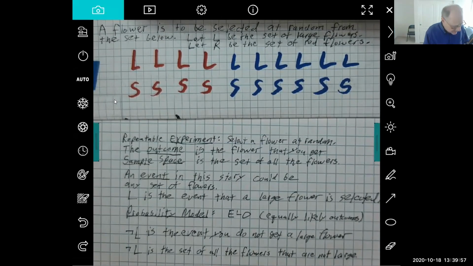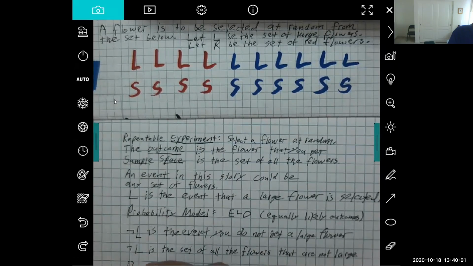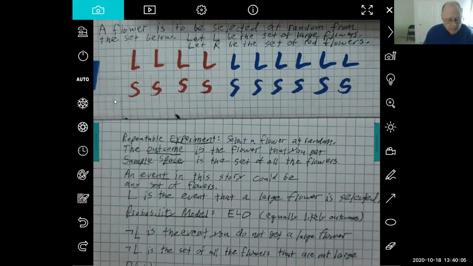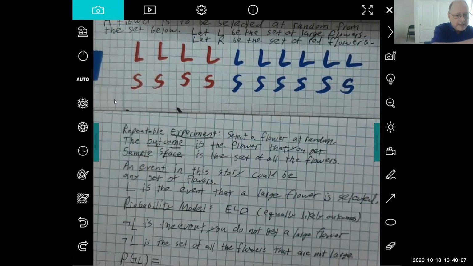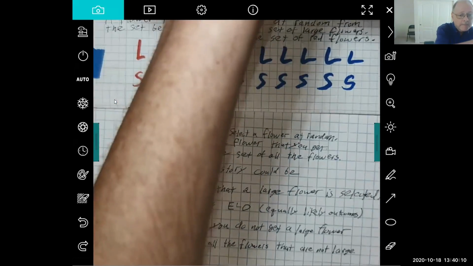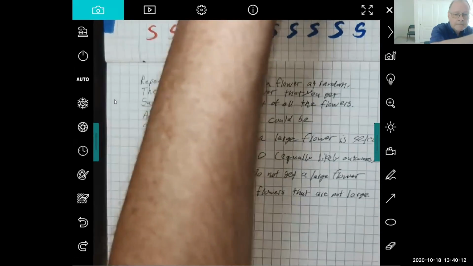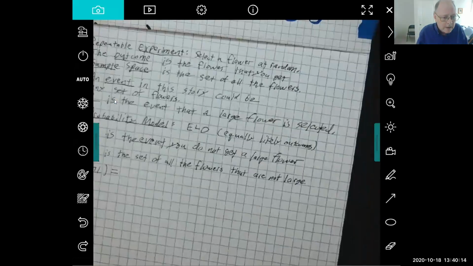Okay, so what's the probability of not L? With equally likely outcomes, we just count.